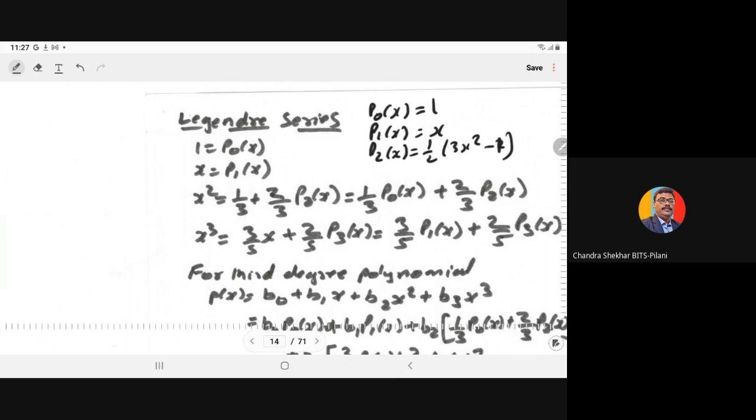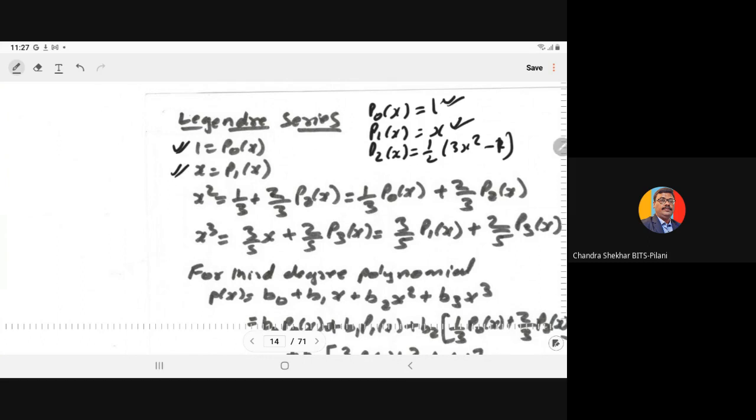So from here, what can we say? 1 is equal to P0(x). From here, we can say x is equal to P1(x). Wherever we have x, there you can write P1(x).